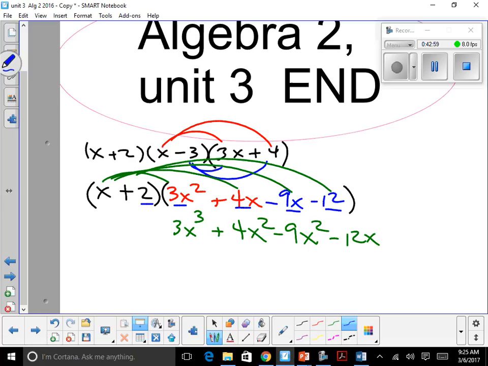I need to put it after. Here it comes. 2 times the 3x squared is going to be a 6x squared. The 2 times the 4 is 8x. Some of you feel like your glasses are getting smaller, it's true. The 2 times the 9, anybody know what 2 times 9 is? And then that 2 times the 12 is going to be what?